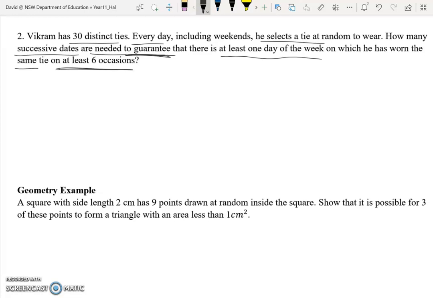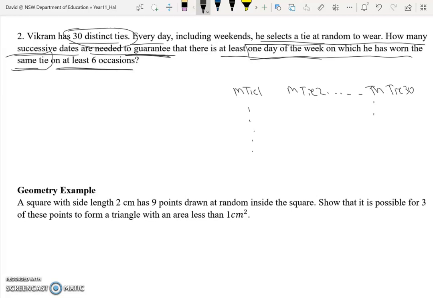So we want at least one day of the week in which he's worn the same tie. Okay, so there's a day of the week and there's a tie factor involved. So say on Monday, I could be wearing tie 1. On Monday I could be wearing tie 2. I could go all the way up to Monday wearing tie 30, because there are 30 ties altogether.